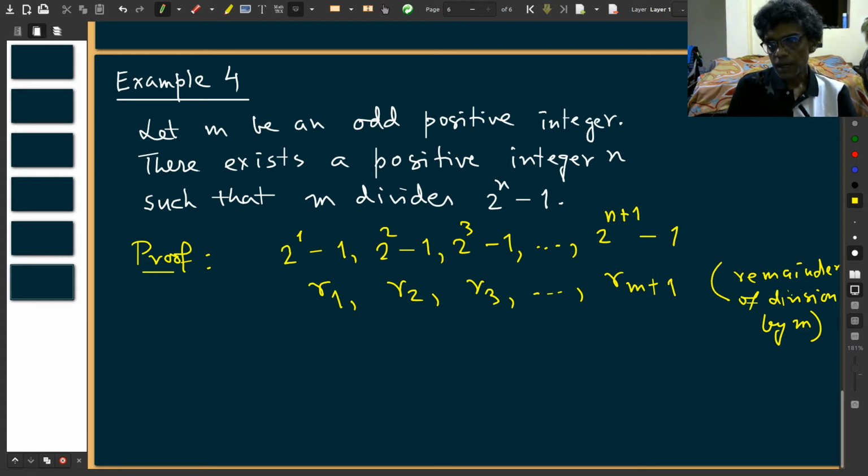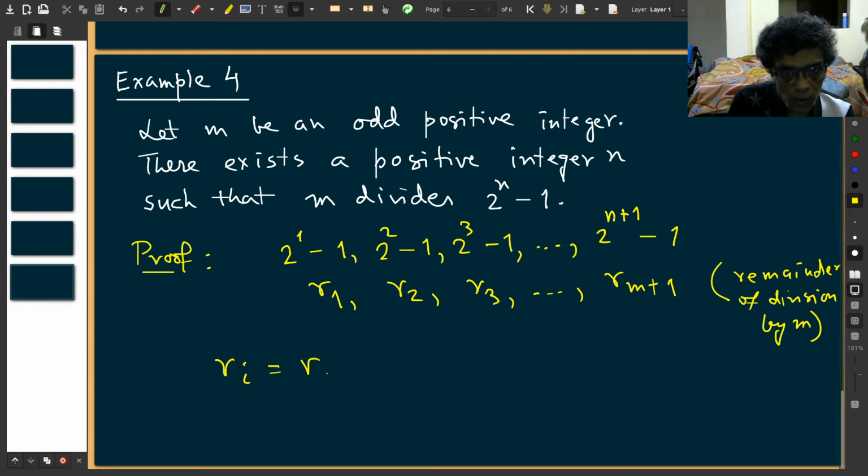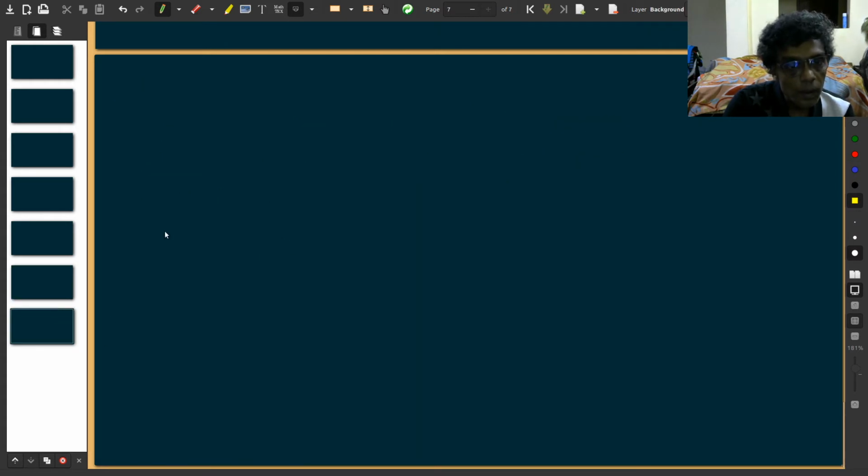There are m possible values 0, 1 up to m minus 1, but you have m plus 1 remainders. So one remainder must repeat, right? So once again assume that Ri equal to Rj for some i less than j. Then again, as in the last example, what is Ri?